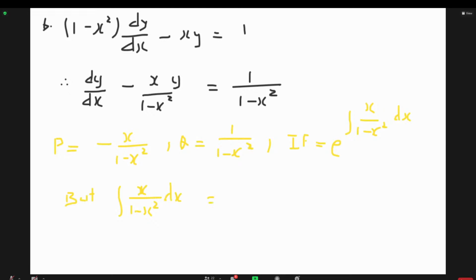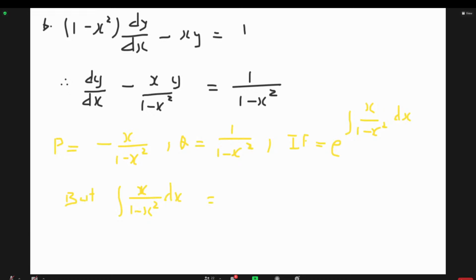But remember, this is the same thing. You see, we need a 2x on top, but we only have 1x. Because if we differentiate the underneath, we're going to get 2x.